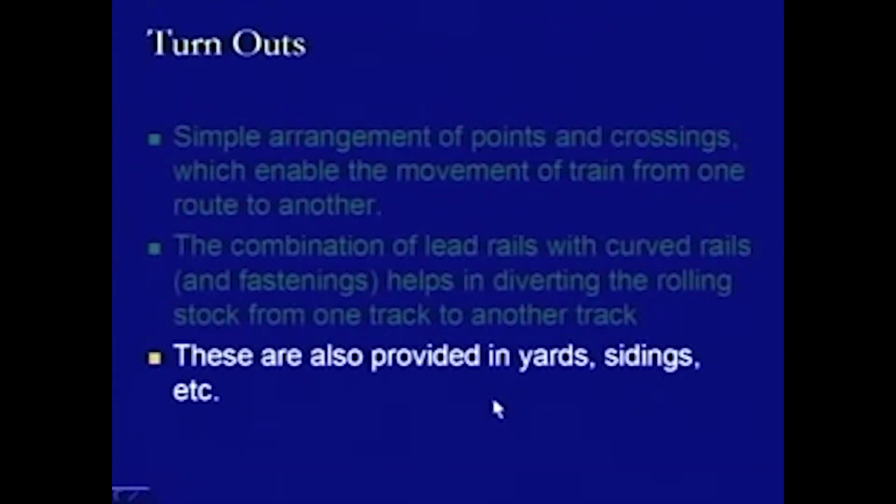That is an obvious reason, because in the case of yards and sidings, the main function is that we have to take the trains away as soon as they have completed their operation, that is, their journey is over and they have reached the terminal points. So, they are taken to the yards where they are just kept in storage, or they are also formed into a new train using the different cabins or compartments which are available in the sidings or the yards, and then that new train is brought to the platform for further operation.